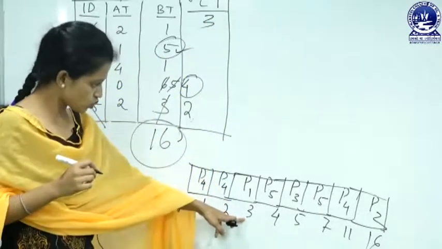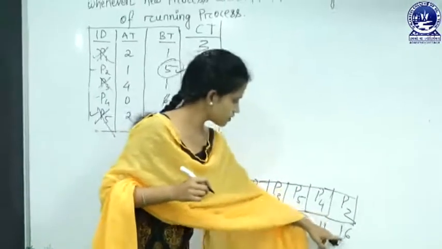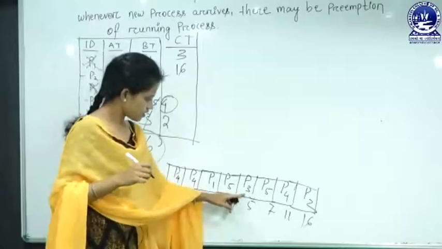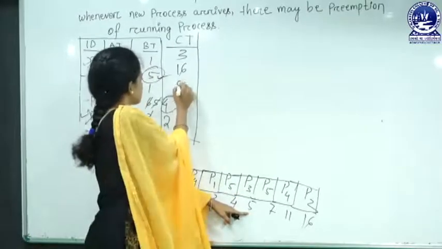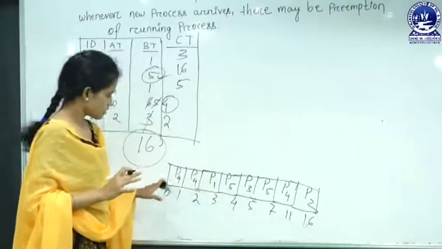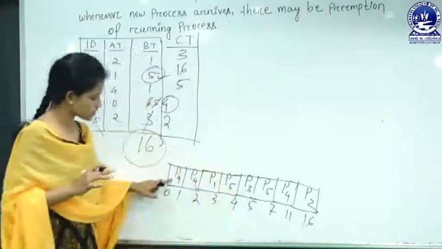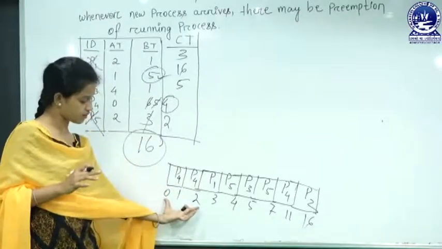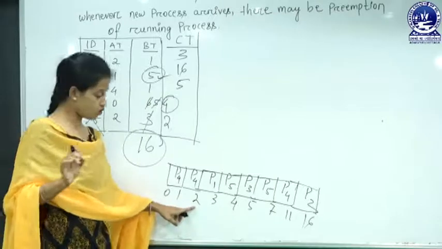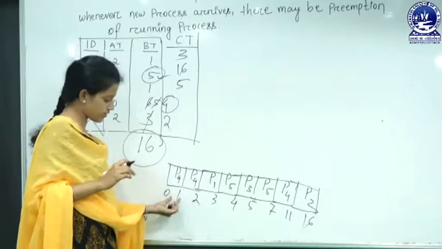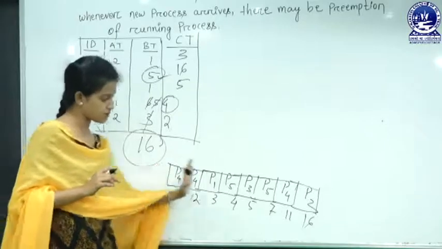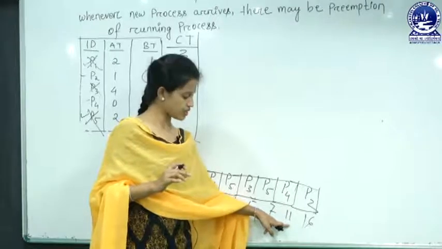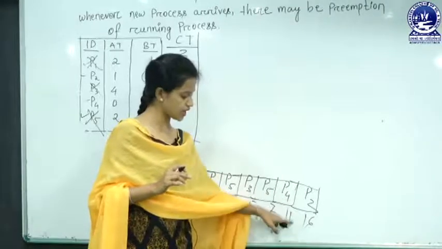For P2, the completion time is 16. For P3, it is 5. For P4, what is the completion time? Here P4 is executing, and here P4 is also executing for 2 milliseconds, but do not take this time. The final completion time of P4 is 11 milliseconds; at 11 milliseconds P4 has been terminated.